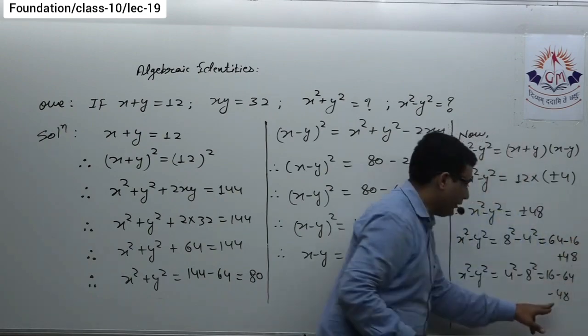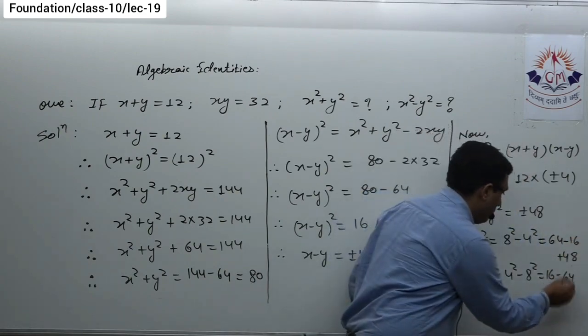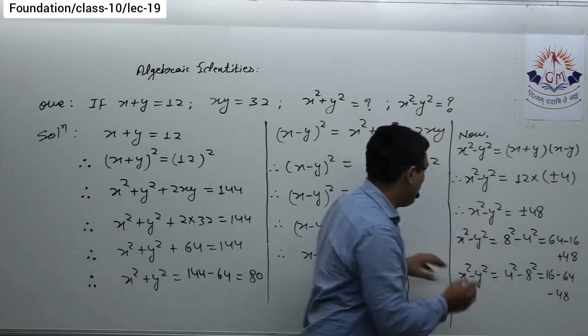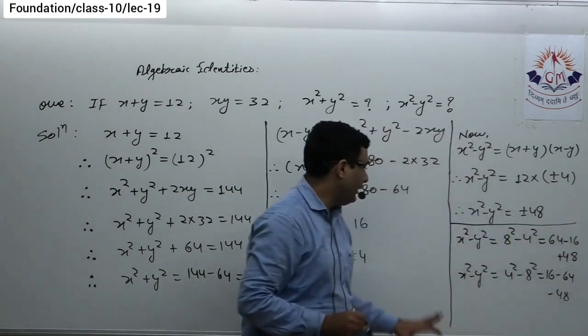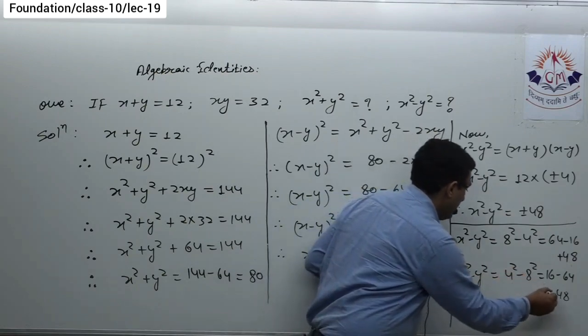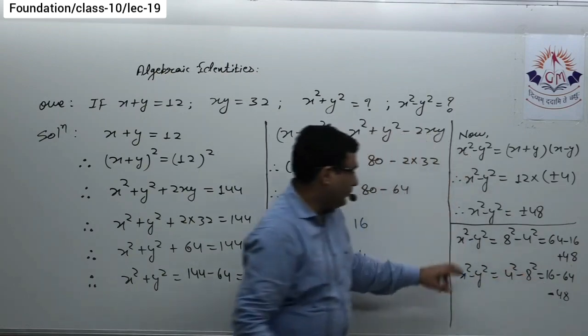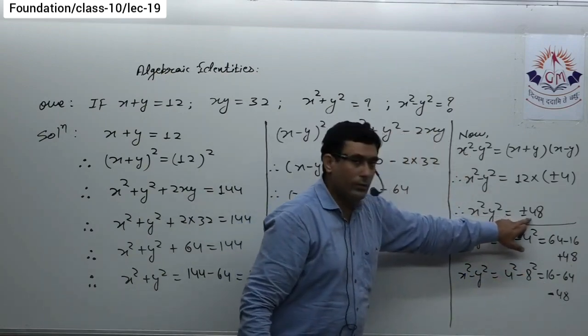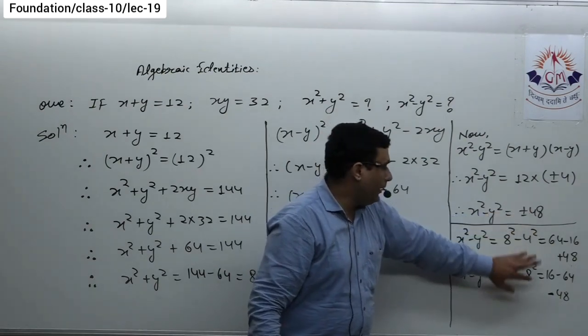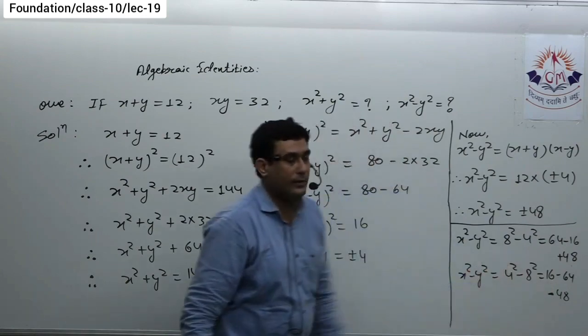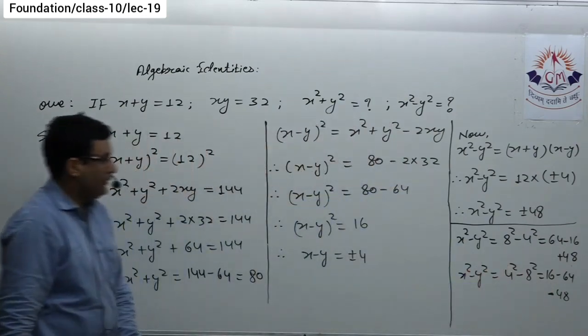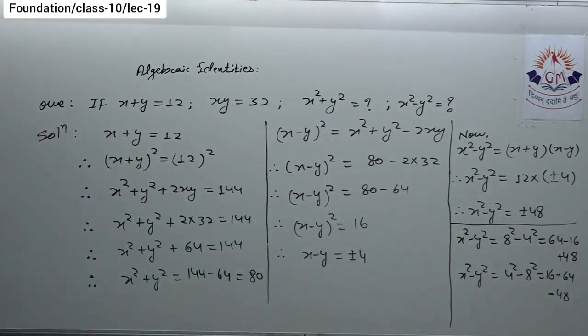So positive 48, negative 48. So that's why there are two values of x square minus y square. Here I just verified those values, so no need to note it down. It is just for your understanding that it is possible to get those two values which I got by a formula. We can get the same values by putting the values of x and y. So please note it down, then we'll see the next question.